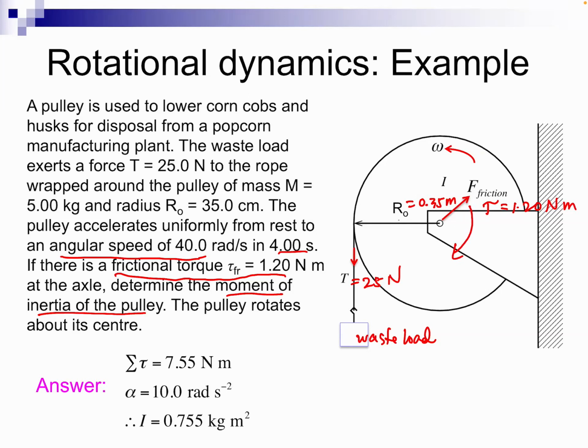So if the pulley is rotating anti-clockwise, your frictional force should be drawn such that the rotation will be in a clockwise direction. So this is just the chosen orientation. You can draw the frictional force in this direction as well.